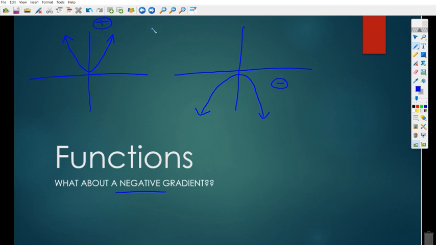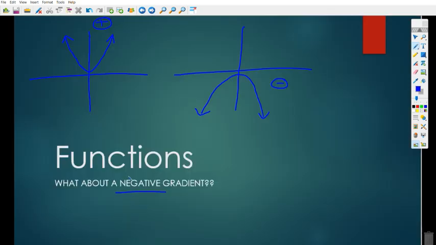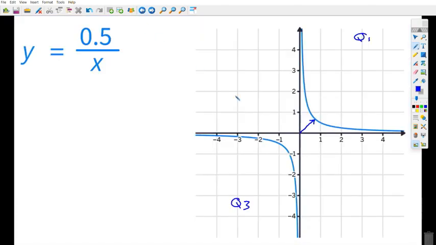It's going to be the same thing with our hyperbola. So what do you think is going to happen? If a normal hyperbola is positive, we're in quadrant 1 and quadrant 3. What do you think is going to happen if I make it a negative gradient? If I flip this on my x-axis, what do you think is going to happen?